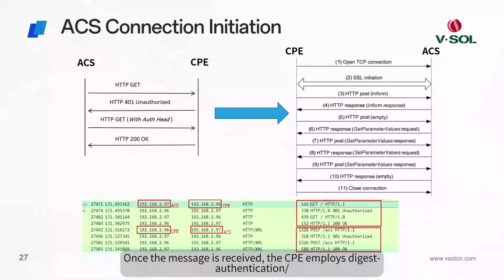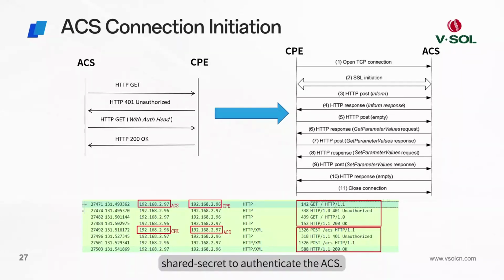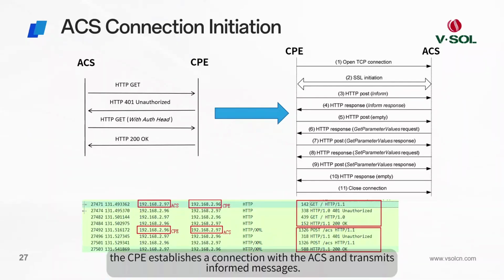Once the message is received, the CPE employs digest authentication/shared secret to authenticate the ACS. In the event that the authentication is successful, the CPE establishes a connection with the ACS and transmits inform messages.